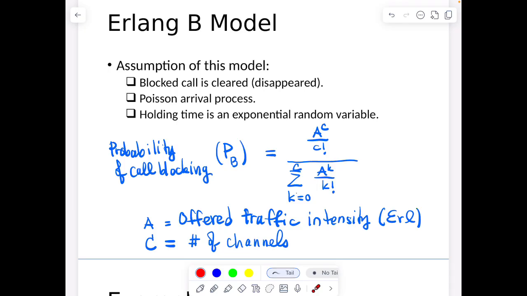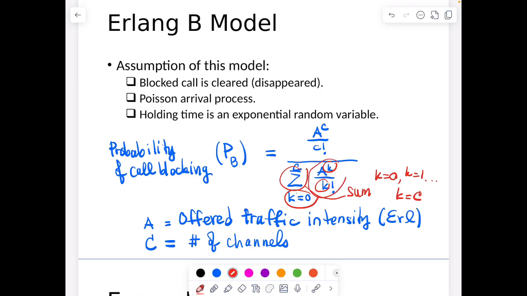Okay, so this means summation, right? The sum starts from k equal to 0 and then k goes to k equal to 1, right? You just plug in k here, and then you keep going until k equal to C. That's going to be the last index, right? You put that in this formula and you add them together.